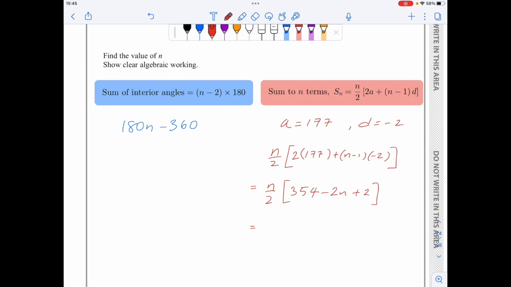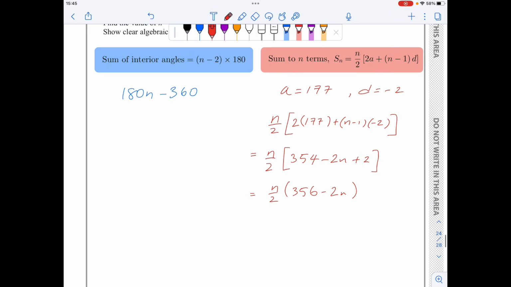I'll simplify the brackets. n over 2, 356 minus 2n. And if I expand, I'll get 178n minus n squared. As I said before, these 2 expressions must be equal.